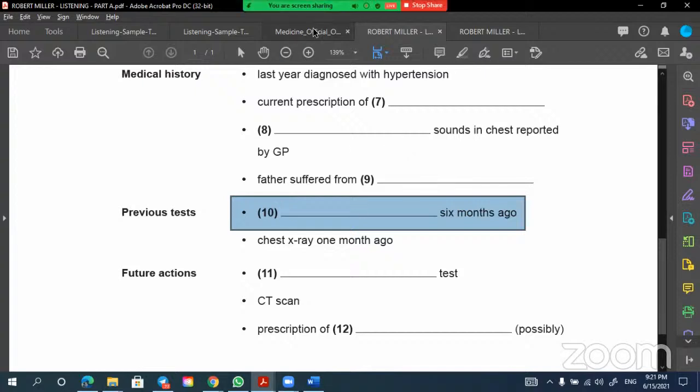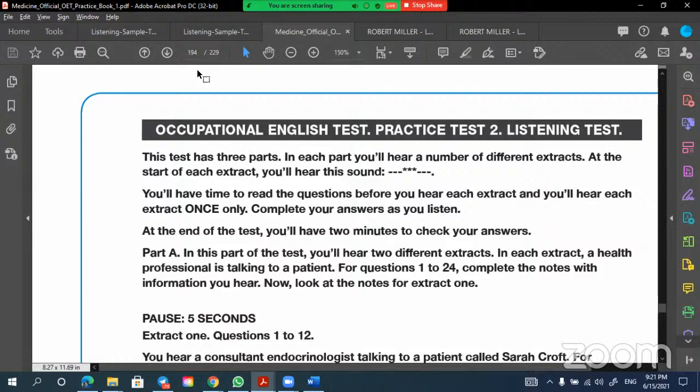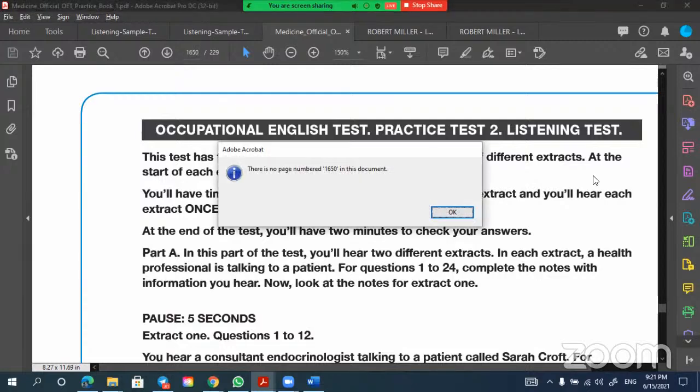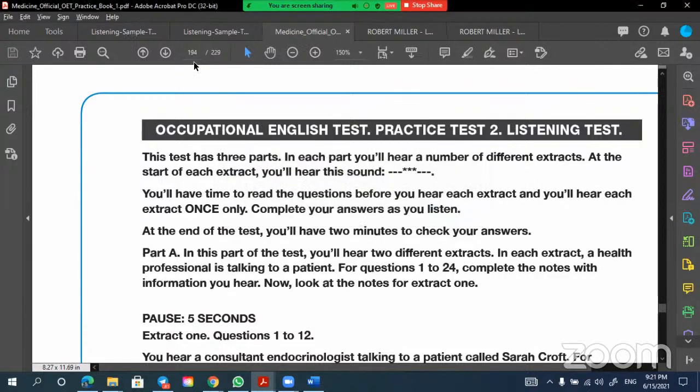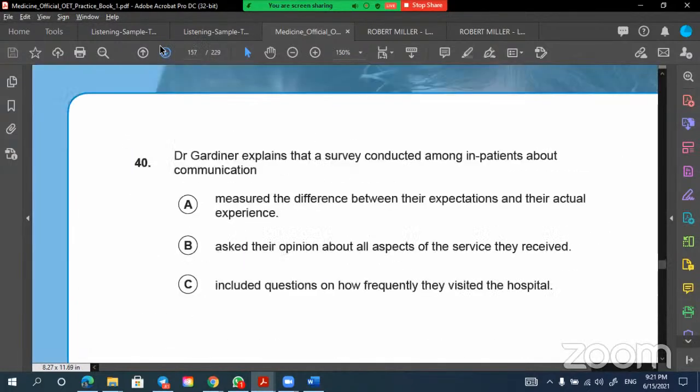Medicine page number will be somewhere around the third test, 150, 155.